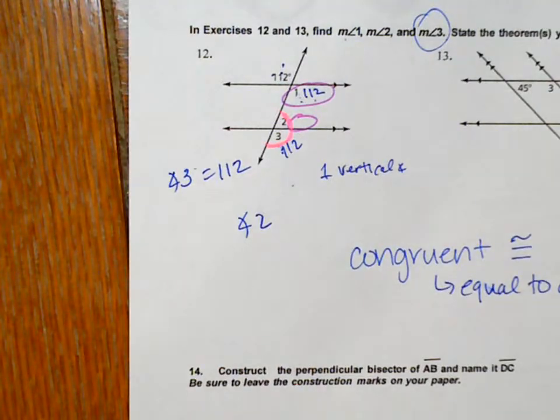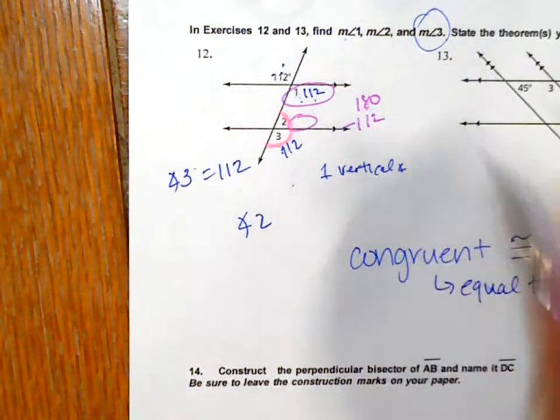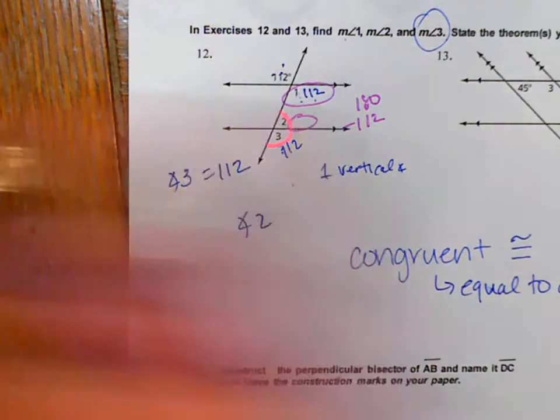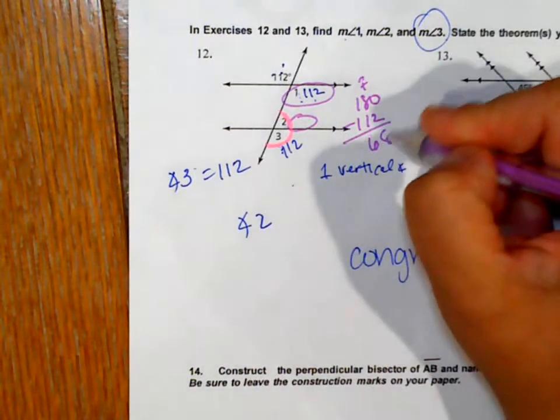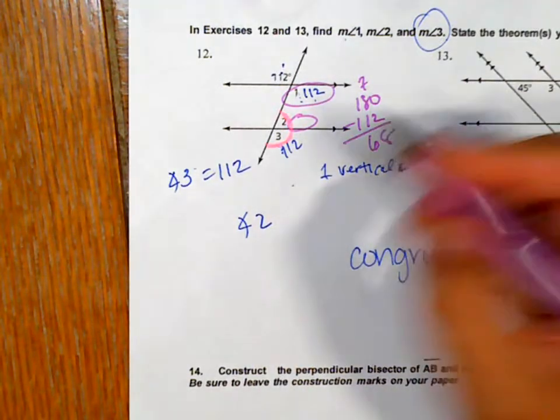Either way, 180 minus 112 will get you the other one. When you have multiple ways like this, whatever you come up with is fine, you just have to be able to defend your answer. So I've got 68. Angle 2 is 68.